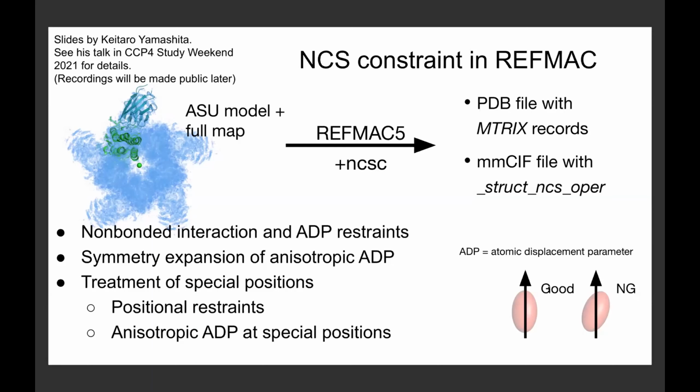For example, when you define B factors anisotropically, because of the symmetry you cannot have a skewed B factor distribution for atoms, since you have fewer degrees of freedom than atoms in a general position. So REFMAC now takes care of these effects properly.